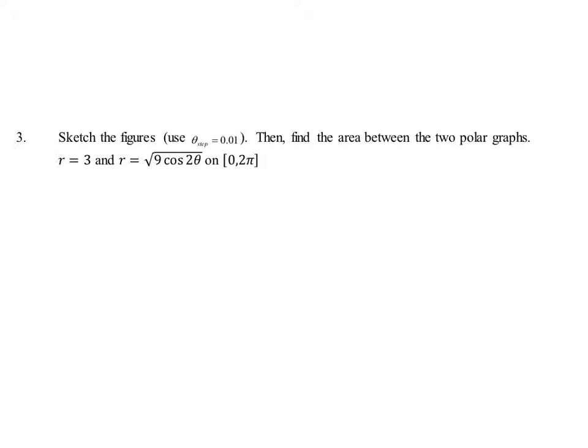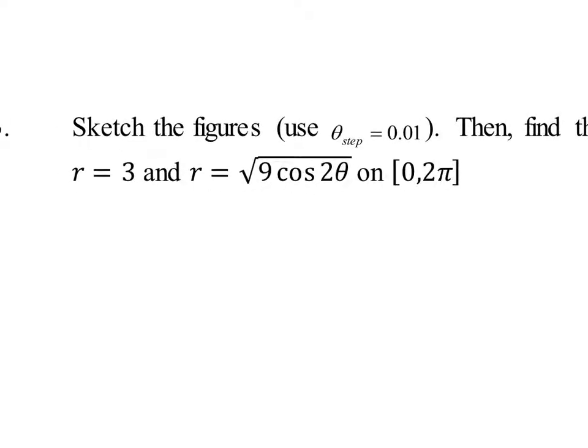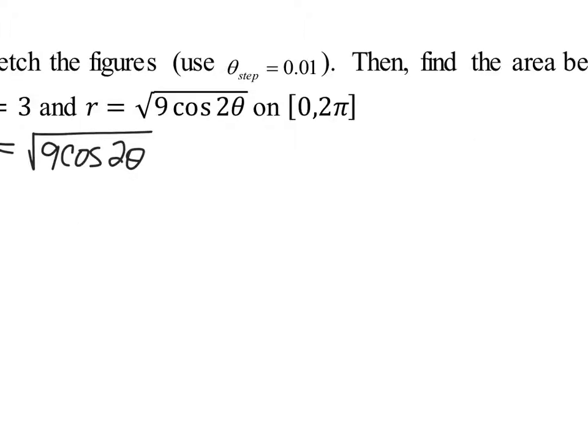What we can do here is actually solve and make a determination of where the loop would be closed. All right, because a lemniscate opens and closes at the pole. So what I would do here is take my r equals the square root of 9 cosine 2 theta, set it equal to 0, senior moment.